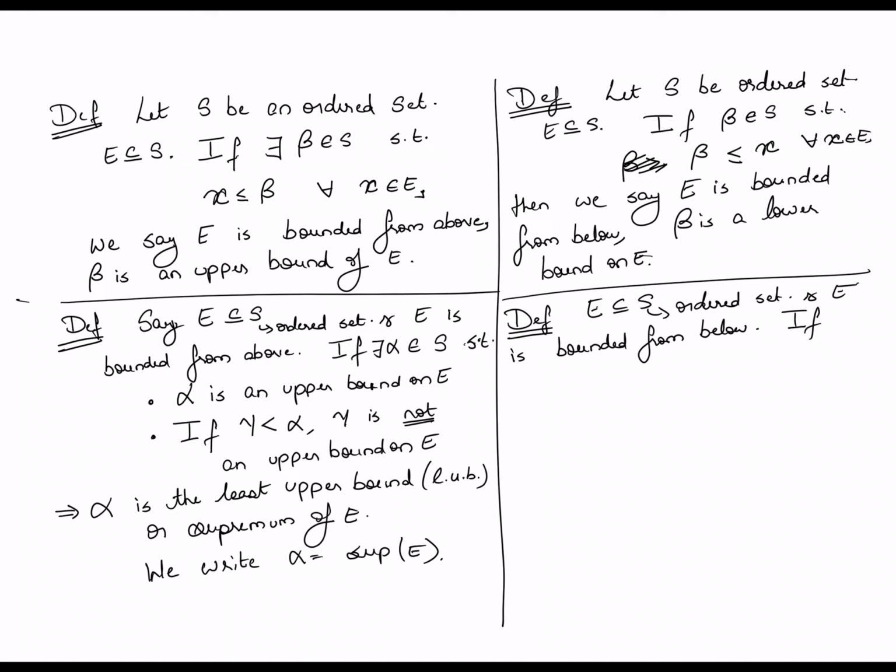Now, if there exists alpha in S such that on one hand alpha is a valid lower bound, and any gamma which is greater than alpha is not a lower bound.